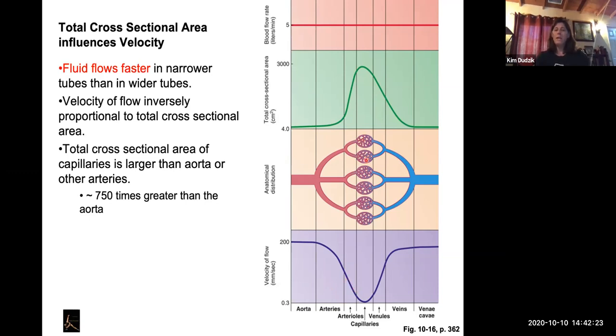By the time we get to the capillaries, there are so many capillaries, hundreds of thousands of them, even more, probably millions. When you add up the total cross-sectional area, how much lumen there is, right? And all of those, add them all together, that's like having a super wide diameter blood vessel. Okay, that's what this says here.